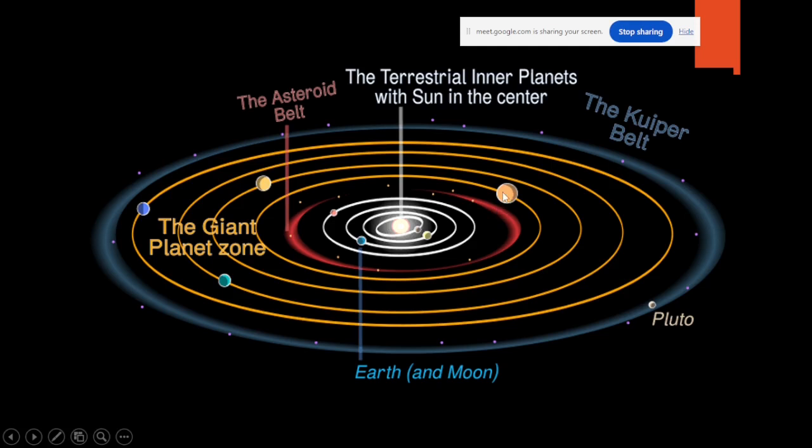Some of them formed planets, but those that were not able to form planets remained in chunks. We call them debris. Some of those debris can be called asteroids.